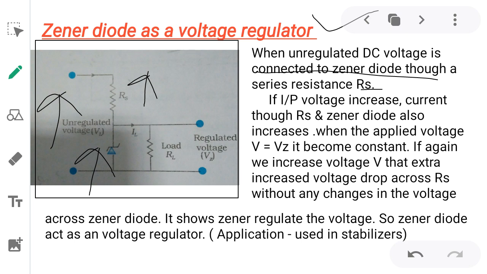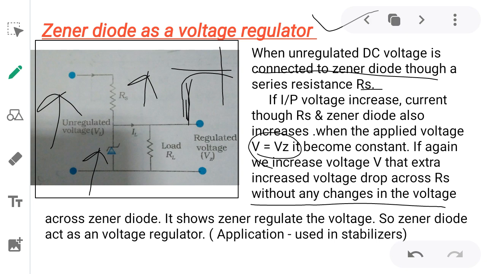When this applied voltage becomes equal to the Zener voltage, what happens? According to this, saturation takes place. The current becomes constant, it does not change. If again we increase the voltage V, that extra increased voltage is dropped across RS without any change in the voltage across the diode.